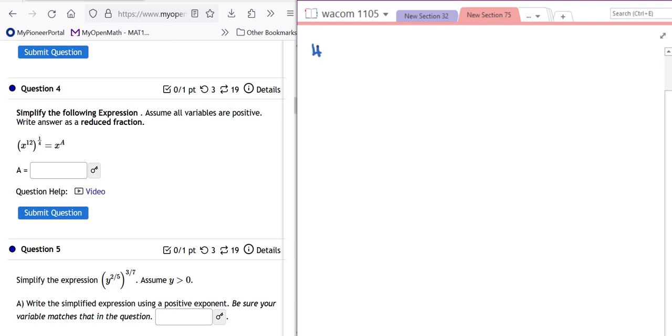So for number 4, I have x to the 12 to the 1/4 equals x to what power? Right, so they want you to simplify this. And you have to remember your exponent rules. Power to a power, you're going to keep the base and multiply.